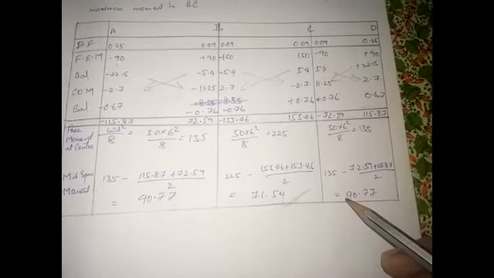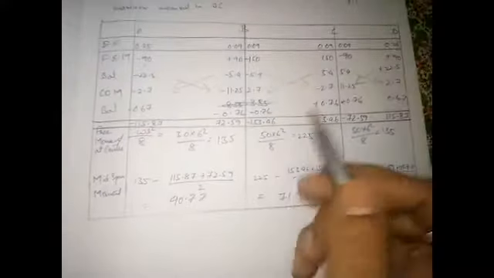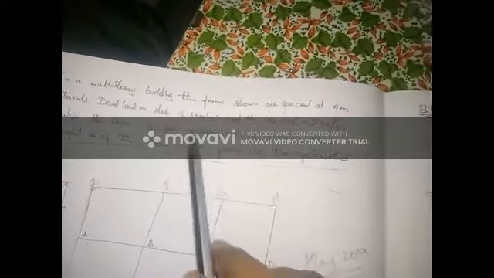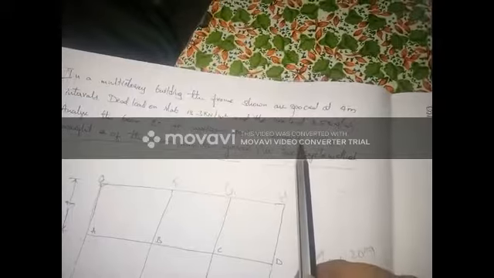So is it clear? With this we'll end the analysis process. But in the problem itself we have a question, that is, analyze the beam BC for midspan positive moments. So only for midspan positive moments for the beam we have calculated.